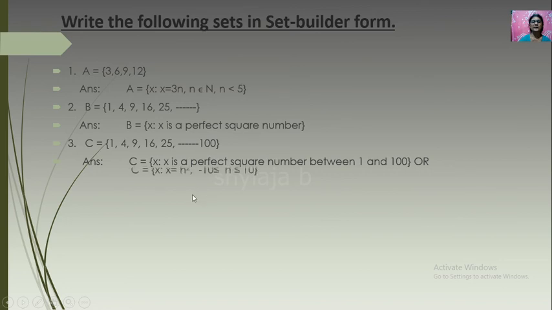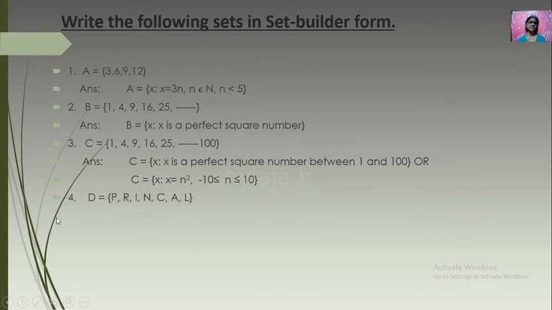Or one more way: x such that x is equal to n square, where n is between minus 10 and 10. Minus 10 is included because minus 10 into minus 10 is 100, so we say equal. That's also equal to minus 10 and also equal to 10, like that.